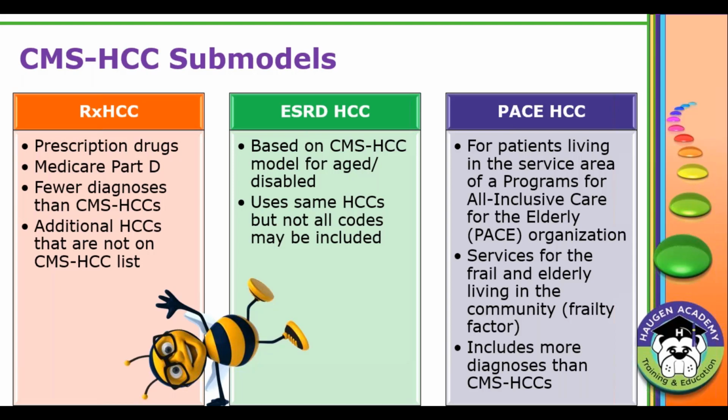This, unlike the RX HCCs and the ESRD HCCs, has more diagnoses than the CMS HCC model. And a lot of what is included in that is going to be codes that show or measure the patient's ability to perform their ADLs, their activities of daily living, to make sure that they're able to continue to live independently.